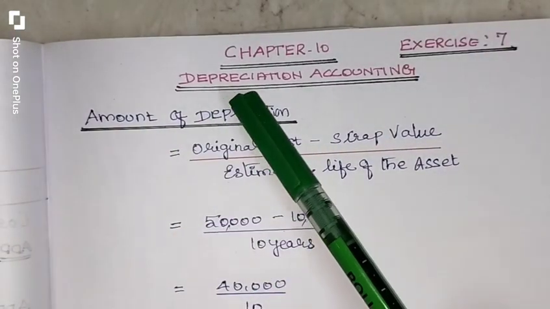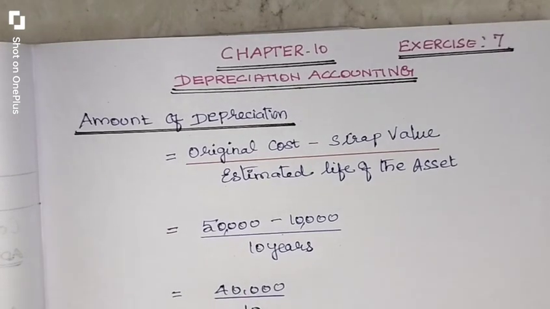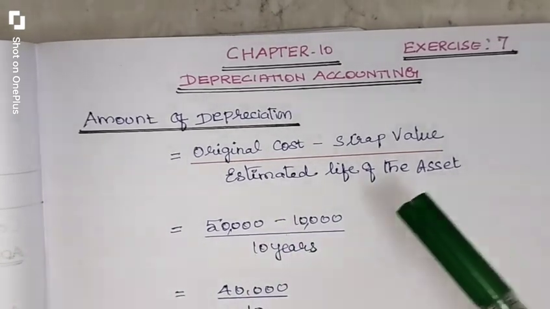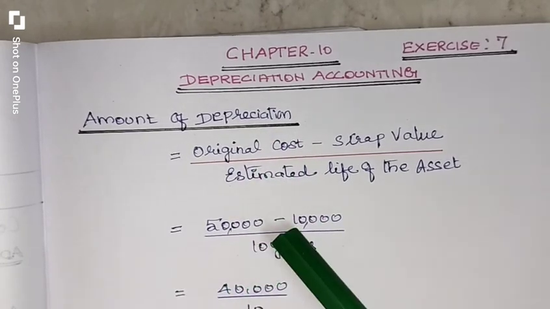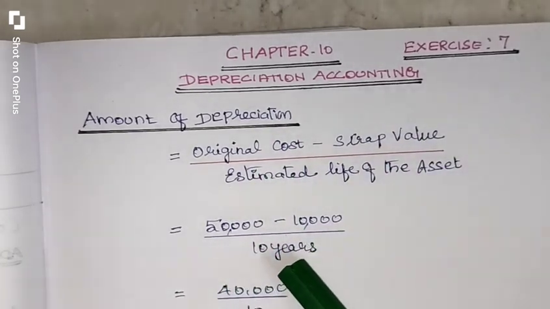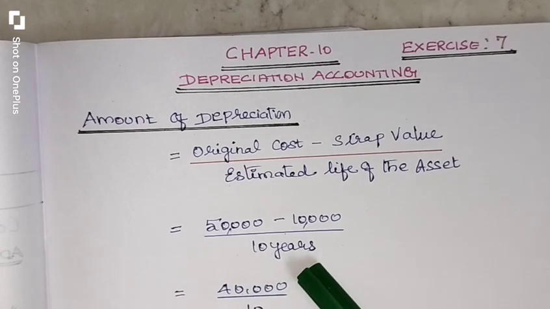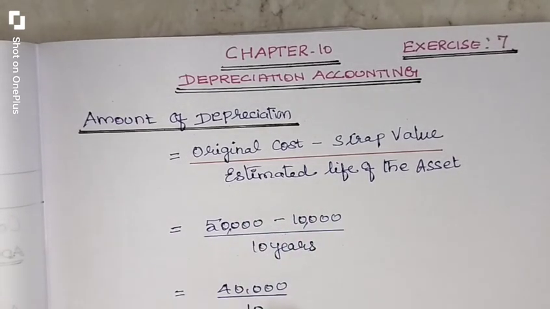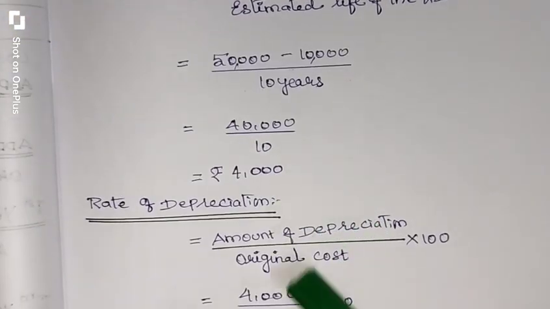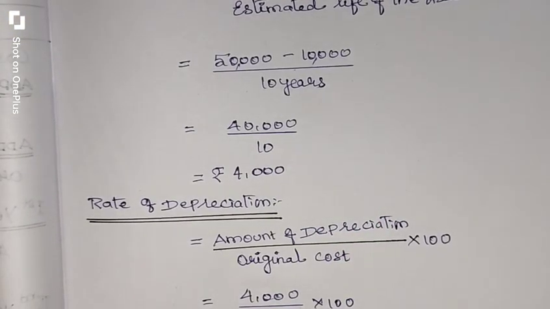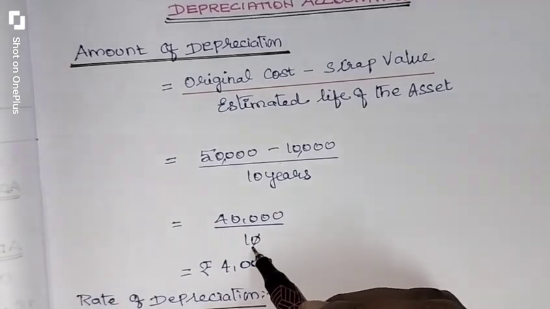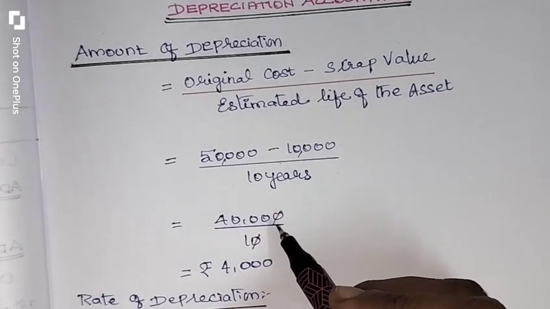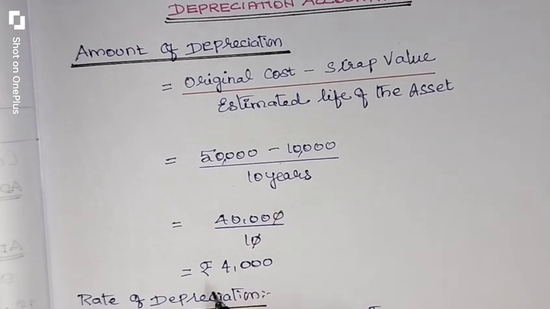The amount of depreciation formula is original cost minus scrap value divided by estimated life of the asset. The original cost is 50,000 minus scrap value 10,000 divided by estimated life, 10 years. 50,000 minus 10,000, we will get 40,000 divided by 10. We cancel the 0 with the 0 and we get 4,000. So 4,000 rupees is the amount of depreciation we found.